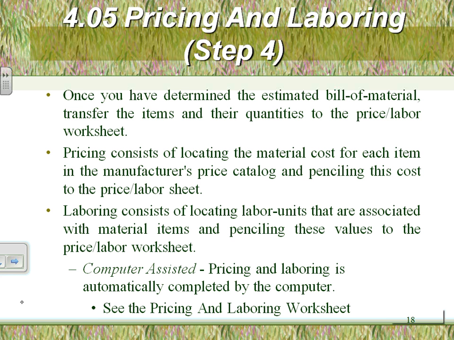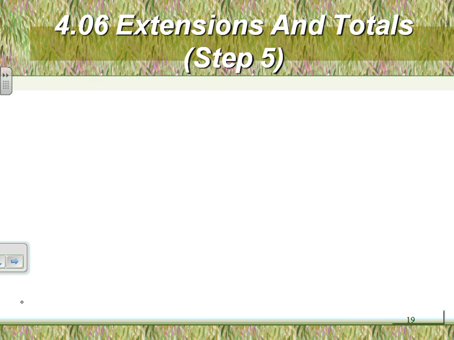Every 100. These sheets are called pricing and laboring. Is everybody okay with pricing and laboring? That's the method you will be using for taking off this project, step by step. Okay, so we went into pricing and laboring.